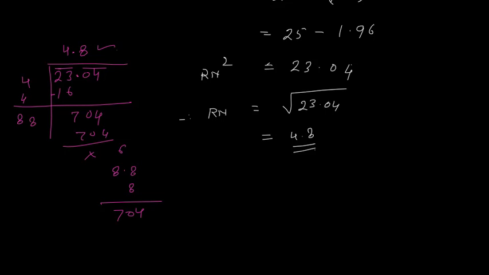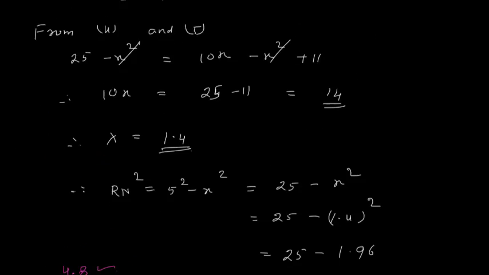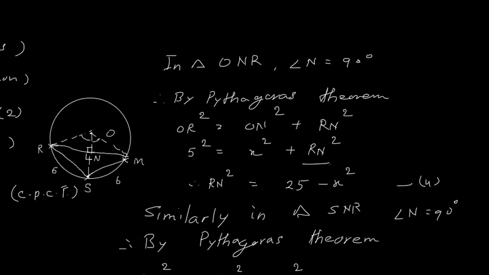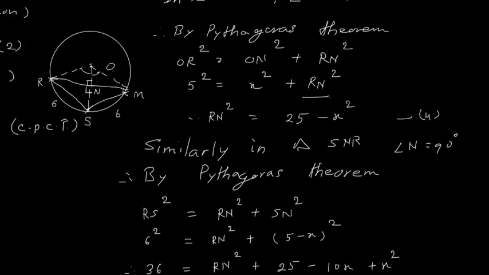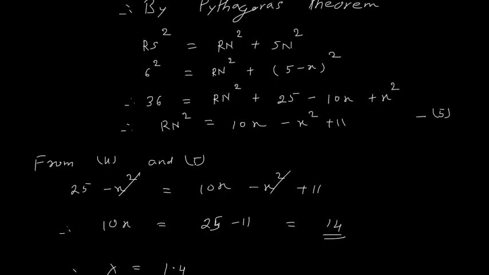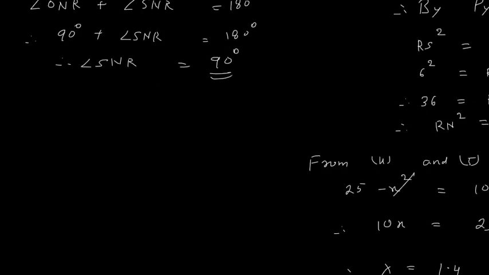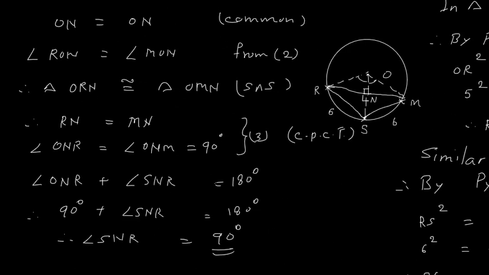So Rn is 4.8. Now I have to find Rm. Rm is Rn plus Mn. We have already discussed that when proving the two triangles congruent, we wrote that Rn and Mn are equal. This is equation number 3.